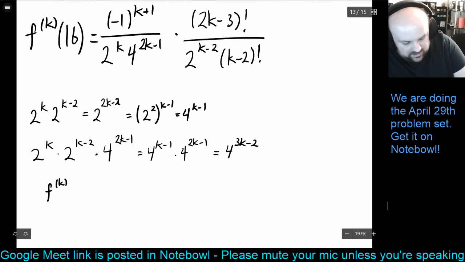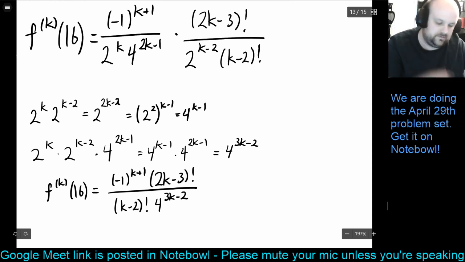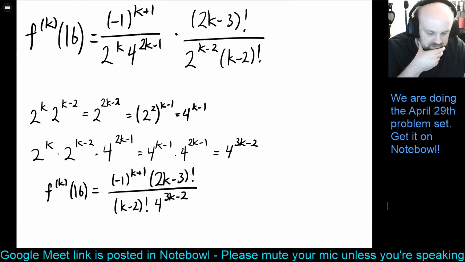So f^(k) of 16 is minus 1 to the k plus 1, 2k minus 3 factorial, over k minus 2 factorial, 4 to the 3k minus 2. Neat.